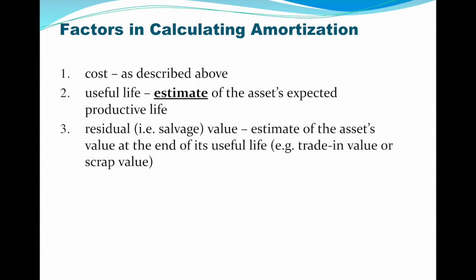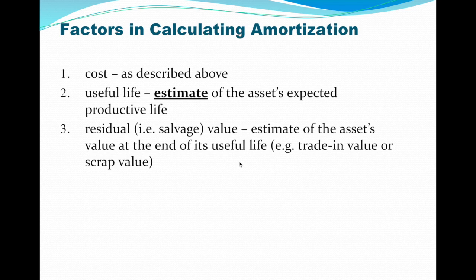I prefer salvage value, but this is an estimate of the asset's value at the end of its useful life. So, once a car is broken down or once it's not useful anymore, you can still sell it, right? Even if you end up taking it to a junkyard to sell for parts, you can still salvage some value out of it. And that's why I put trade-in value or scrap value.